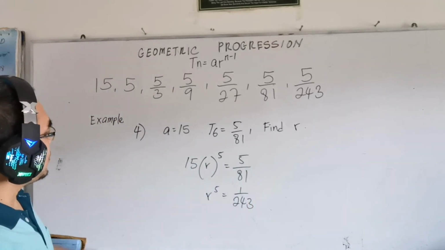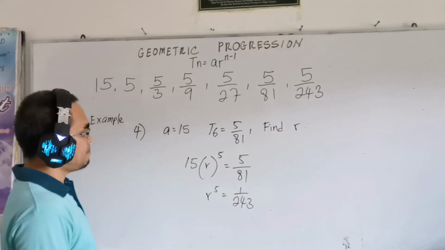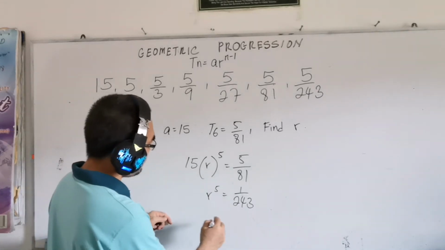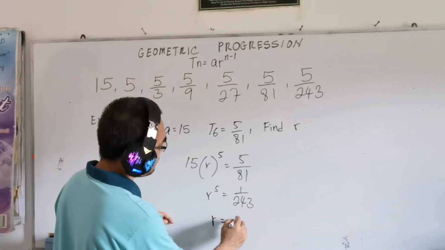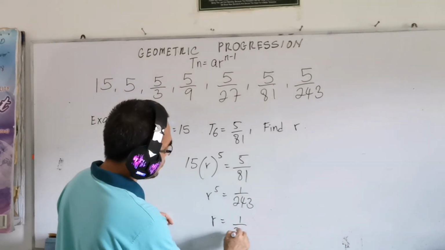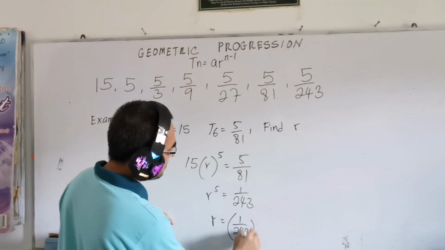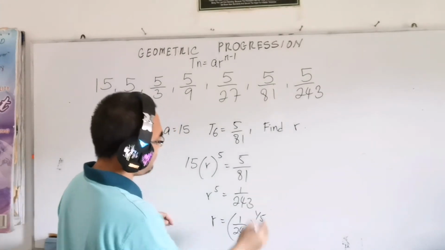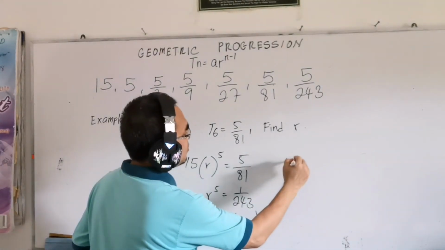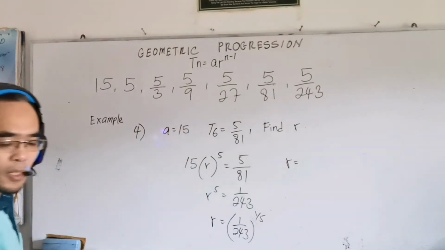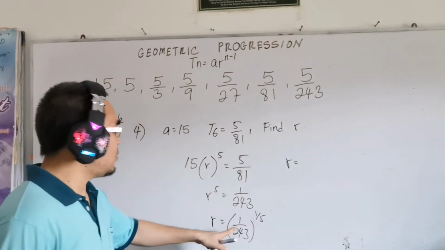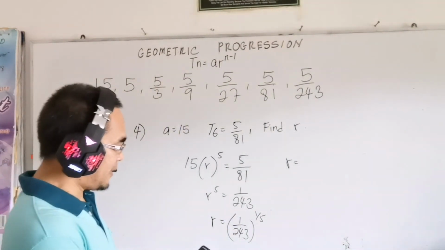There are two ways how to do this. It's better for me just to bring that 5. So 1 over 243 to the power of 1 over 5. So you get the value of R. Okay, you have to know how to press the calculator here.